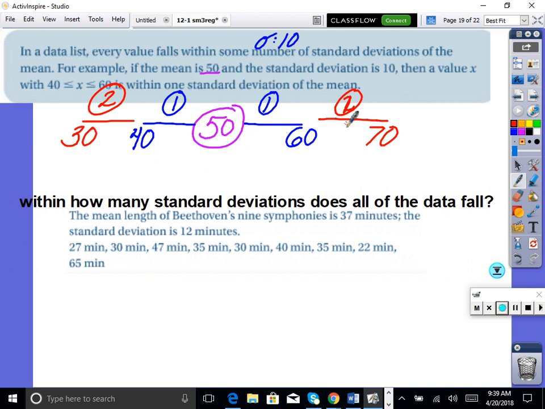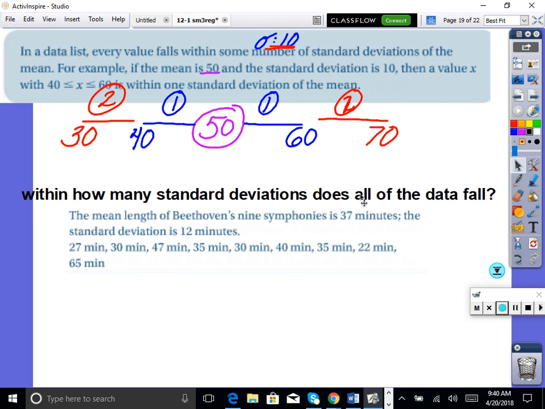The more standard deviations out we go, the more spread out the data. True? The bigger the standard deviation, the more spread out the data, because it's obviously stretching out if the standard deviation is larger. So the less spread out the data is really the better. You would rather have a data set that's not random and super spread out, but all close together. Then it has reliable statistics.